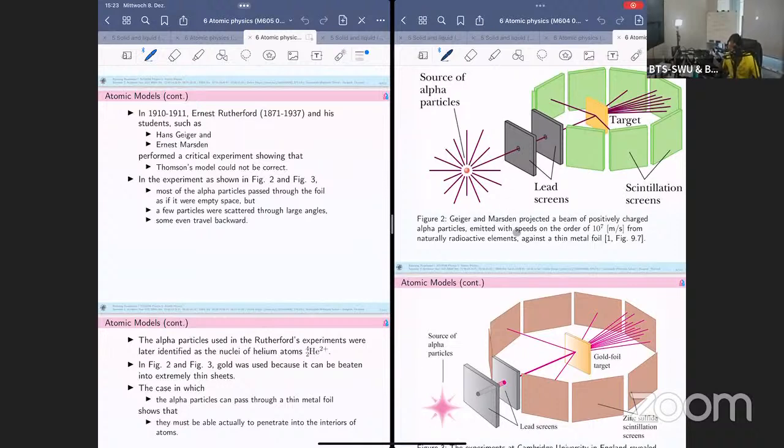Once the alpha ray hits the gold foil, the result that Geiger and Marsden could observe is the following. They counted the number of points on the zinc sulfide plates, and they could see that the plate straight behind the gold foil has several points.